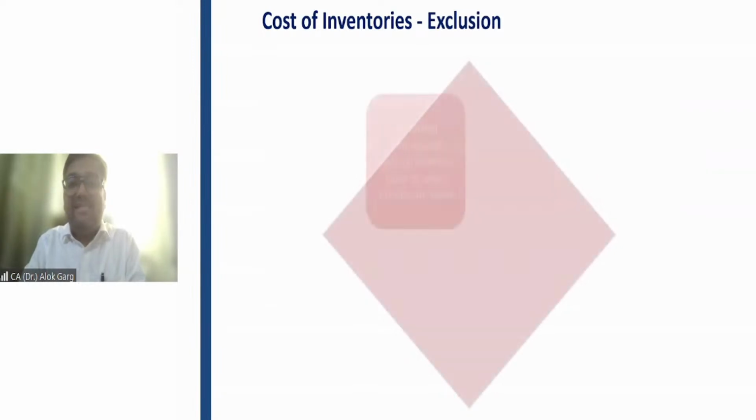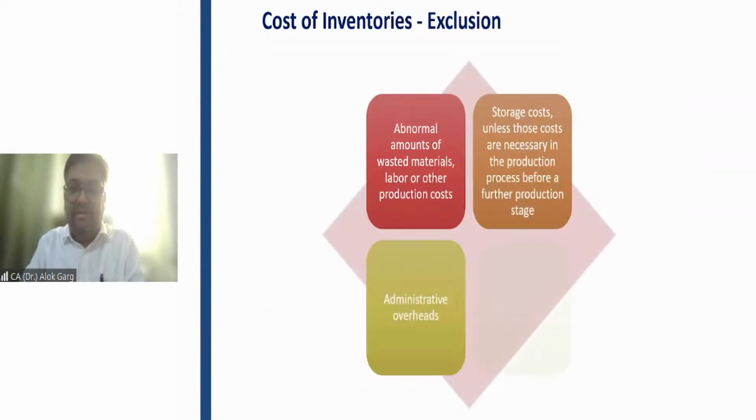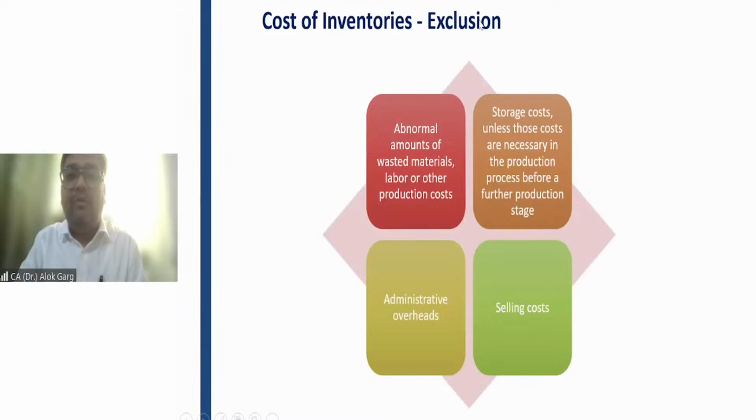Now, exclusion on the cost of inventory. The cost needs to be excluded, right? Exclusion: abnormal amount of waste material, labor, or production overhead. For example, let's say Tata Motors.